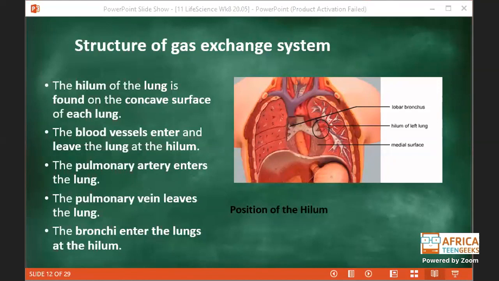So at the hilum, we have the entry of our blood vessels, and we also have the entry of our bronchi. And here is the position of the hilum in the left lung.